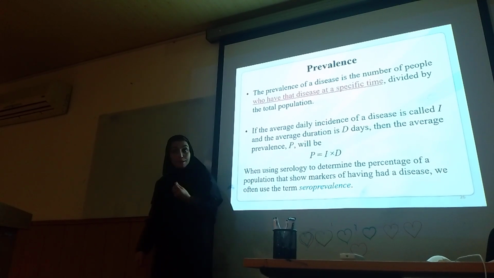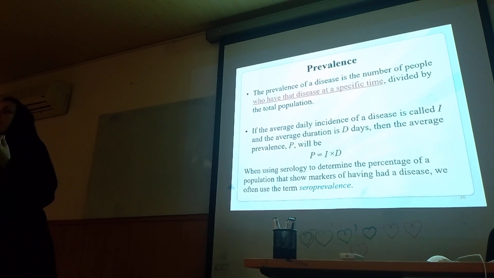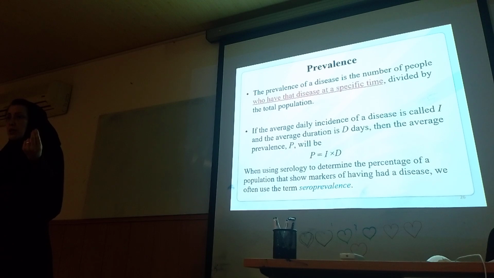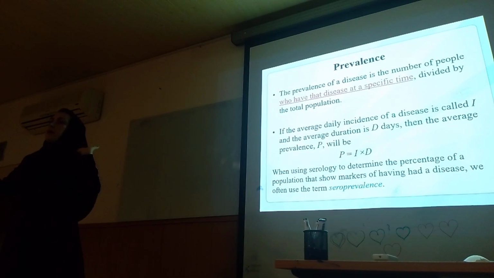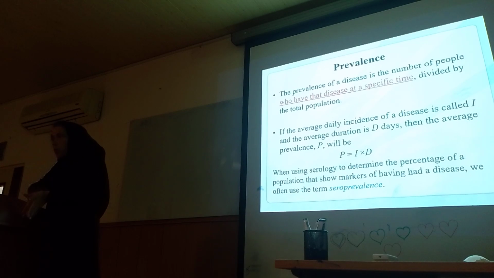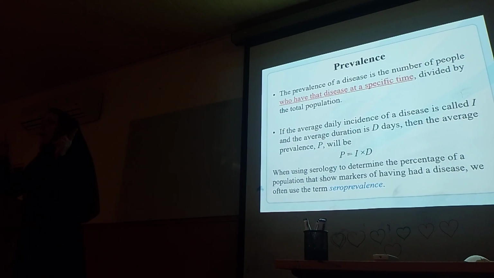Okay? It means that we cannot compare the prevalence of a disease in two communities, or in one community at a previous time with this time, just by comparing the number of prevalence. Why?